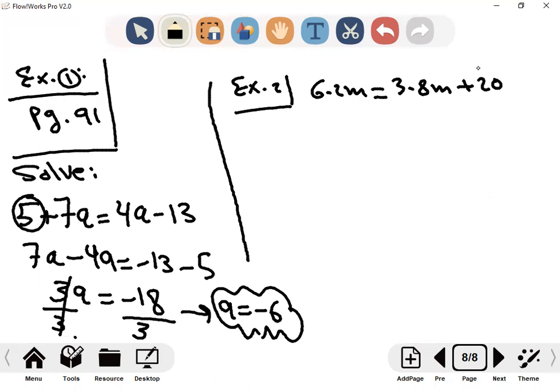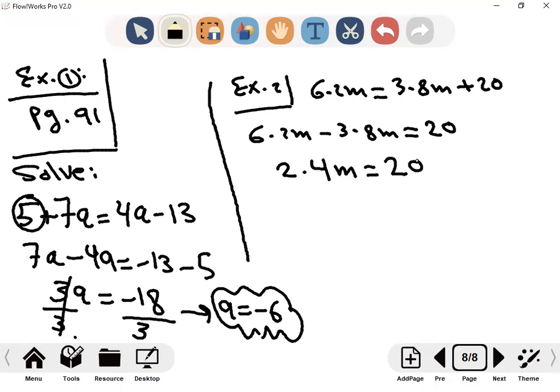So this is 6.2n minus 3.8n equals 20. Now 6.2 minus 3.8, how much? 2.4. 2.4n equals 20. Now I want to divide by 2.4 on both sides.